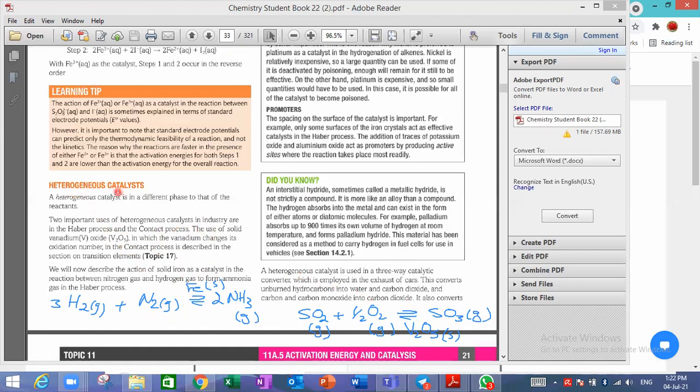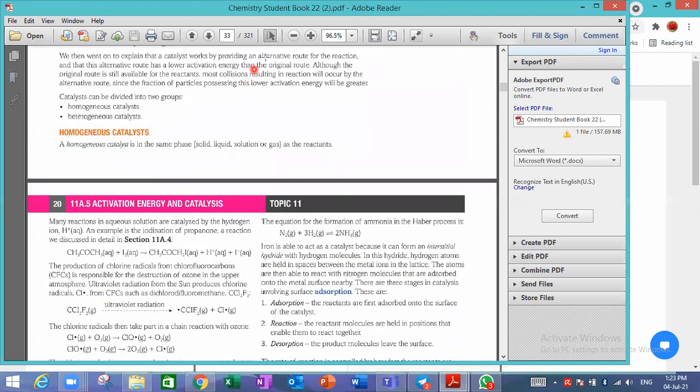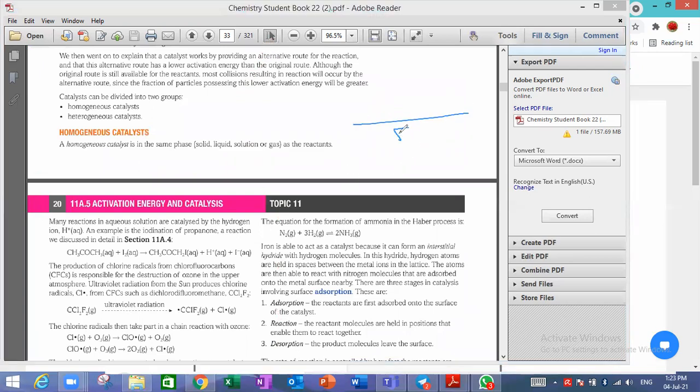It's also a heterogeneous catalyst, but it behaves in a different way in this reaction of hydrogen and nitrogen. We will find that iron is acting as a solid catalyst. You will see that if this is the iron surface, of course, iron is a metal, and we know that the bonding in metals means that we have layers of positive ions, and then there are free electrons moving in between the layers of positive ions.